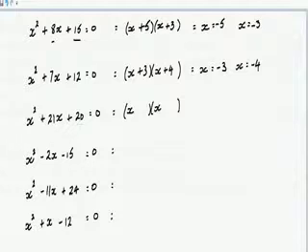The reason I put this in is never forget the blindingly obvious. 1 times 20 gives me 20, and 20 plus 1 gives me this 21.